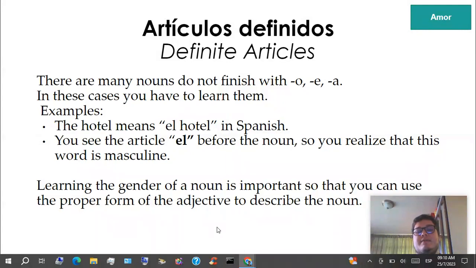Maravilloso is the proper way to say wonderful in Spanish because we use the masculine and singular form. So you have to consider the gender and the number of the noun, because then you will know what the proper adjective and article to use is. Okay?